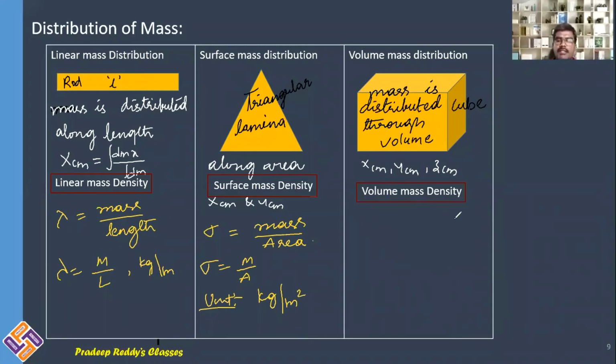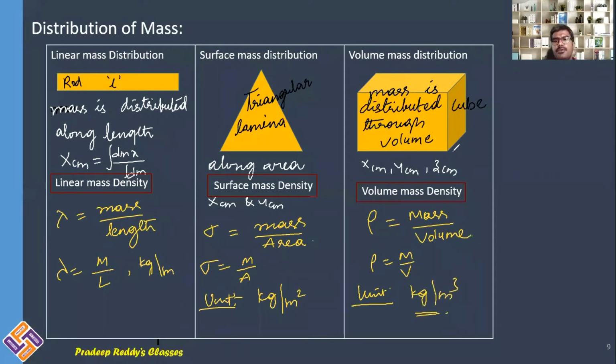And volume mass density is denoted with rho, which is mass divided by volume. So rho is equal to capital M by V, and the unit of volume mass density is kg per meter cube, right? So based on these distributions, whichever solid material is given to you, corresponding to that, you will find center of mass of that object.